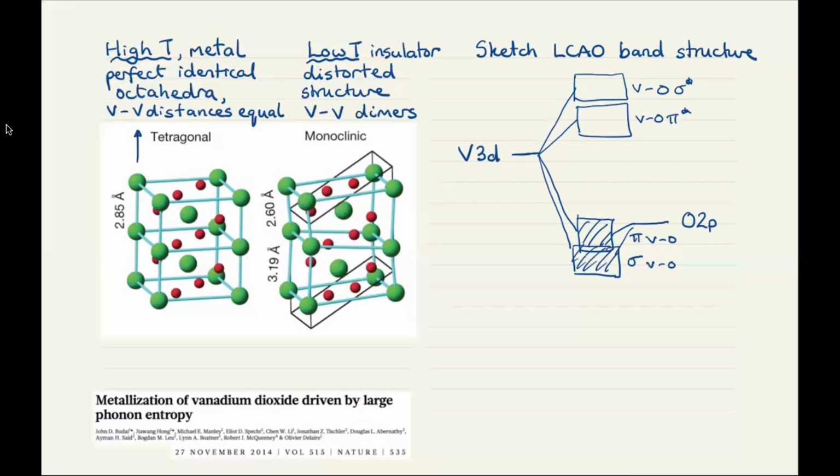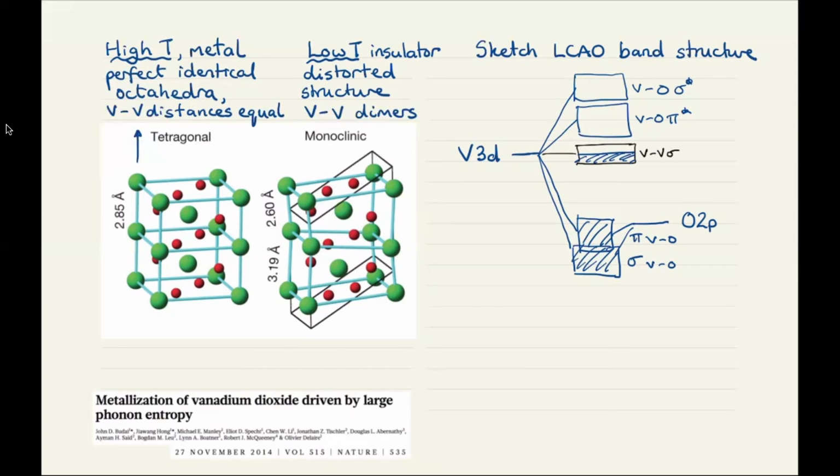Then, because the vanadium-vanadium distance is not so large, we'll also have bands corresponding to vanadium-vanadium interactions. And in the undistorted structure, these bands would be half filled. The extra single electron from the vanadium would sit in this band, and so we'd have a metal.